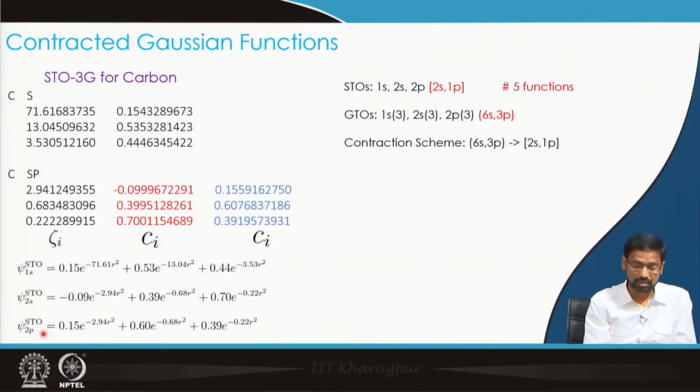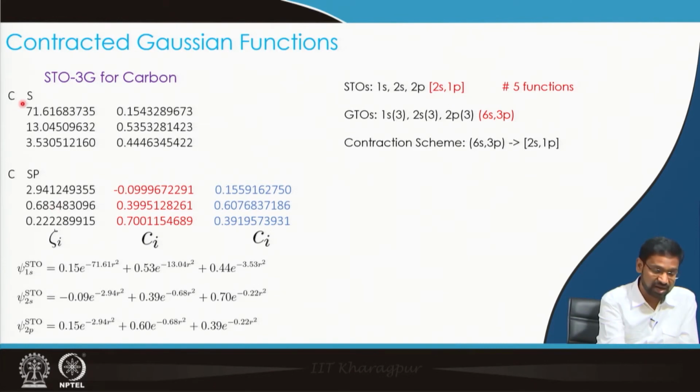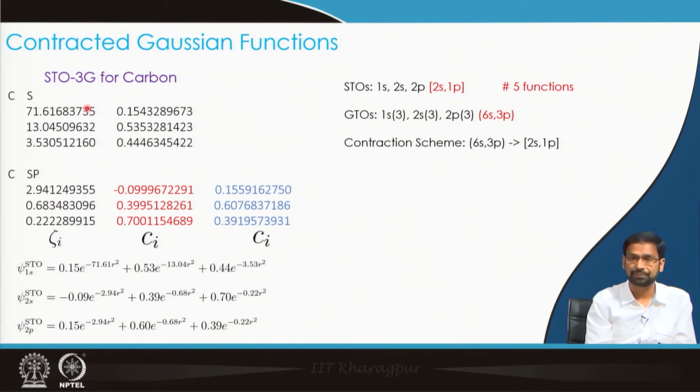Now, one important thing that you would notice immediately here is how different these exponent factors are for 1s type and 2s or 2p type. You see very large numbers like 71, 13. A large orbital exponent simply indicates that the function will decay very fast. That is desirable because the electron in the 1s orbital is not likely to be found far away from the nucleus.